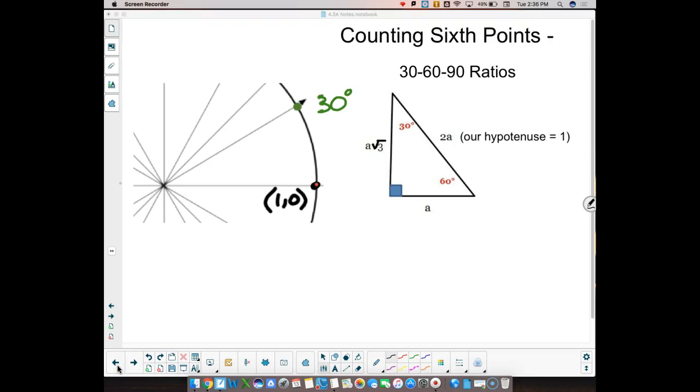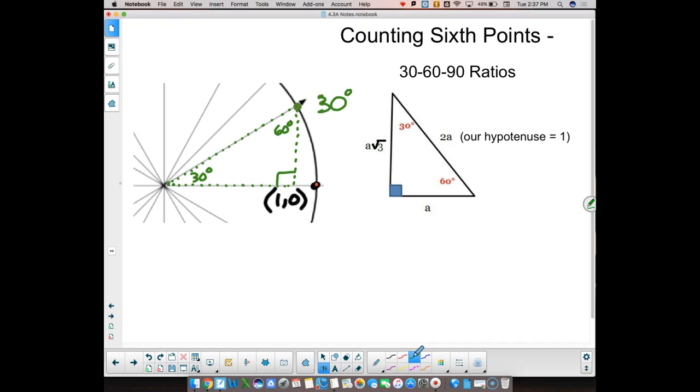So what I did is I broke out just that little part because I wanted to talk about the fact that this really makes a 30, 60, 90 right triangle. And it's the other special right triangle from the video that you were supposed to watch.